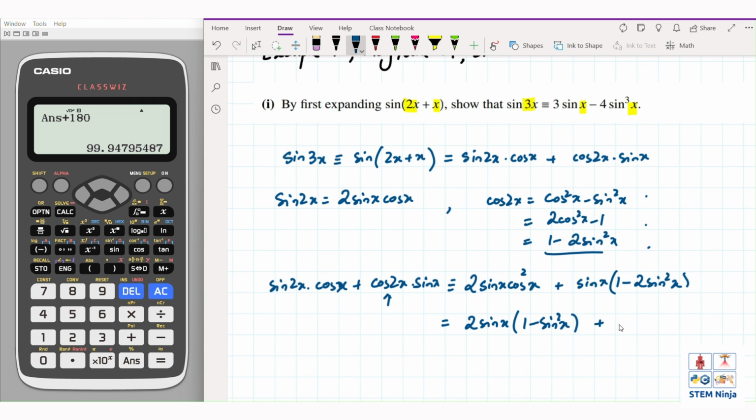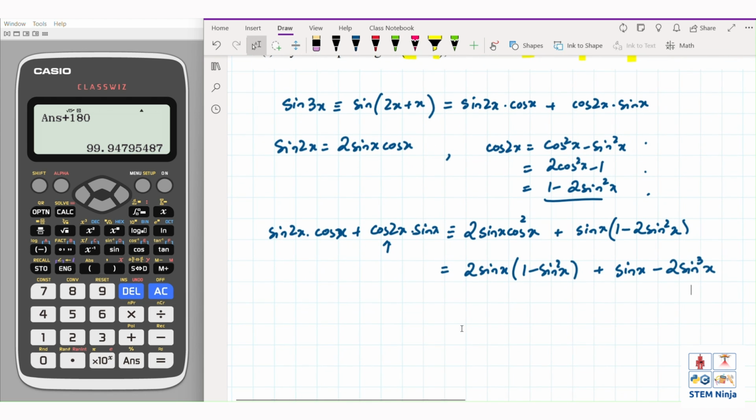Plus sine x minus 2 sine cubed of x. So now we expand the bracket on the first term: 2 sine x minus 2 sine cubed of x plus sine of x minus 2 sine cubed of x.